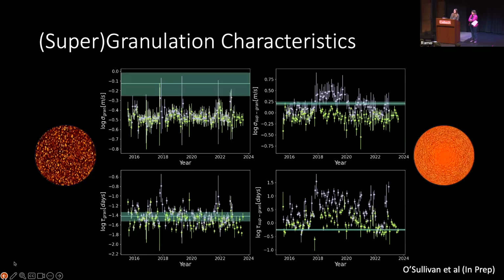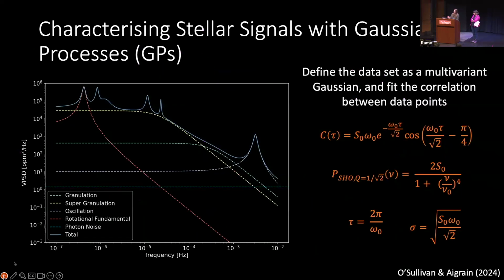Hi, Neve. Great talk. This might be a dreaded question, but you're using a simple harmonic oscillator. Have you tried other kernels, and why did you choose an SHO? This particular kernel, because it has a PSD that is basically the same as what we traditionally use to model granulation and supergranulation in the frequency domain.